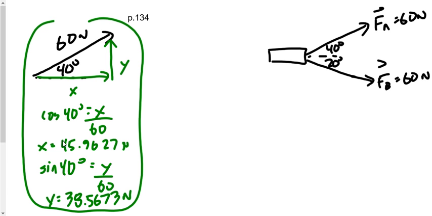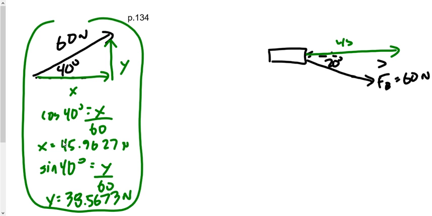Let's redraw this. We've got 45.9627 this way, and 38.5673 this way. All right, let's deal with the other one now.